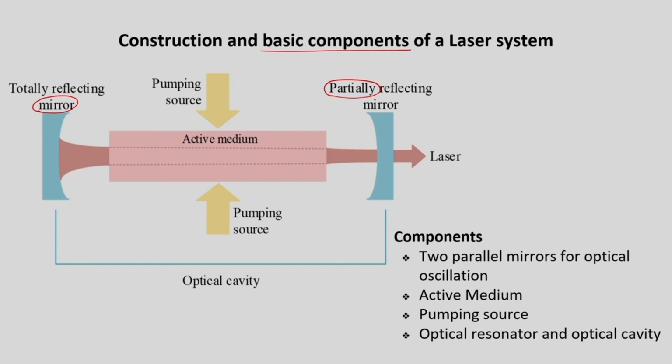The photons which are moving back and forth are generated by using an active medium or a lasing medium. This is the second component of the laser system, and as we have seen, we need to have external excitation. So, this is the excitation mechanism, the pumping source.